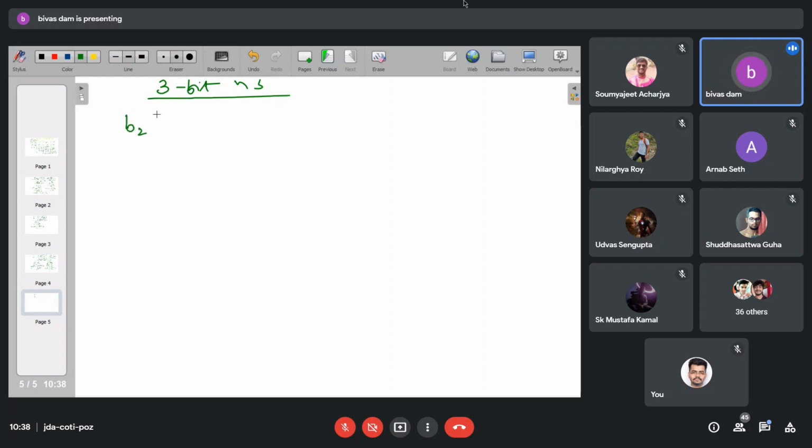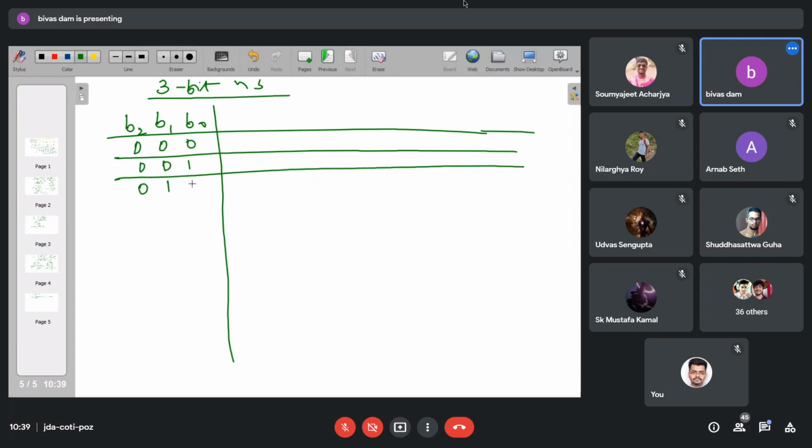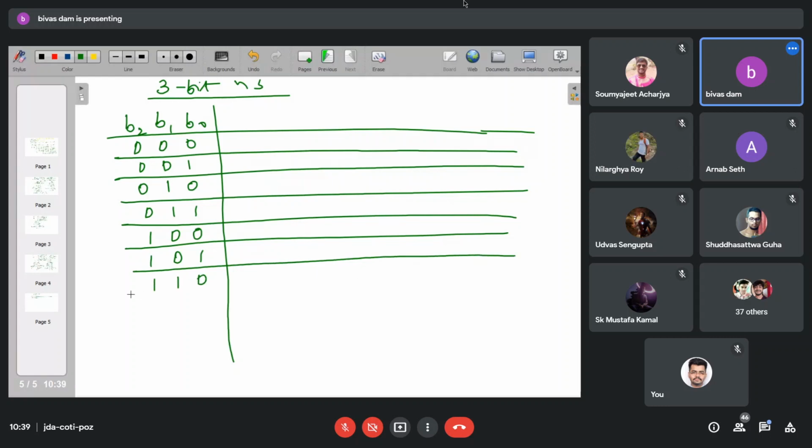How many binary combinations will there be? 8. These are the 8 possible combinations.